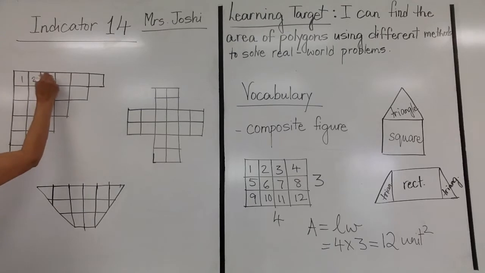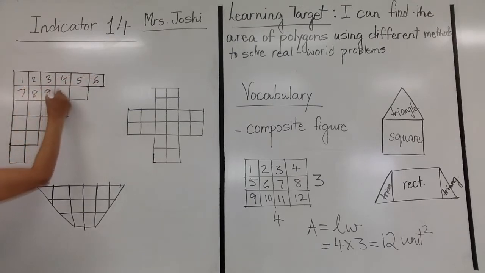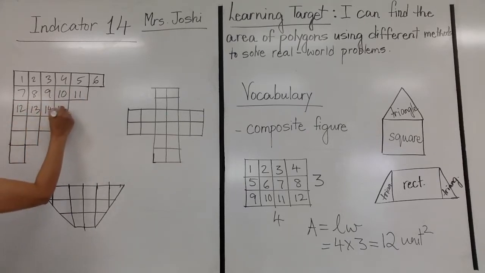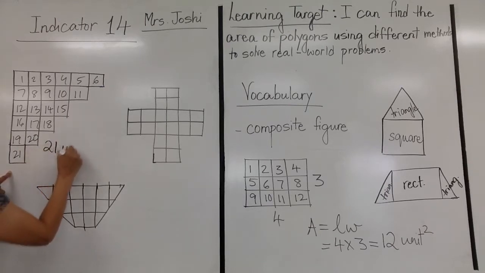I could do 1, 2, 3, 4, 5, 6, 7, 8, 9, 10, 11, 12, 13, 14, 15, 16, 17, 18, 19, 20, 21. So the area of this one is 21 unit squared.